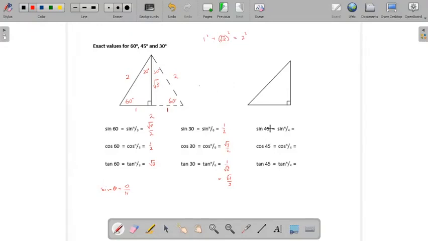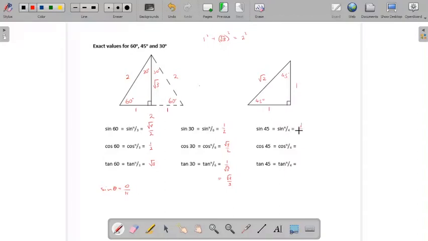When we're looking at 45 degrees, that's what we use this triangle for. Here we have a 45-degree angle, and this is a 45-degree angle, and we have 1, 1, and using Pythagoras' theorem, this would be root 2. So sine of 45, we could use either of these angles, is opposite over hypotenuse.